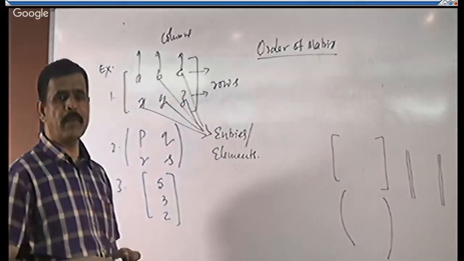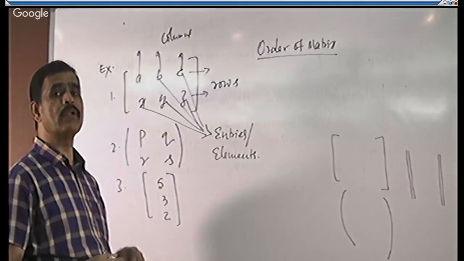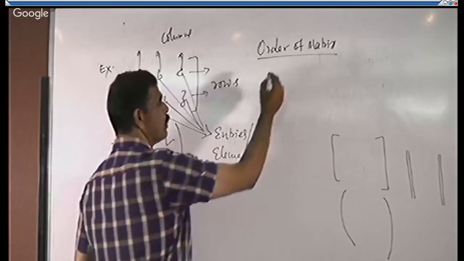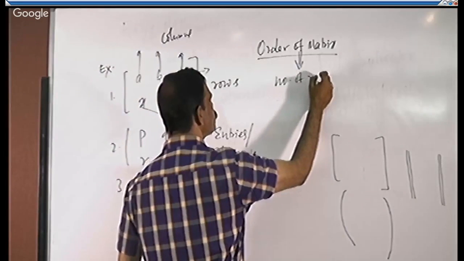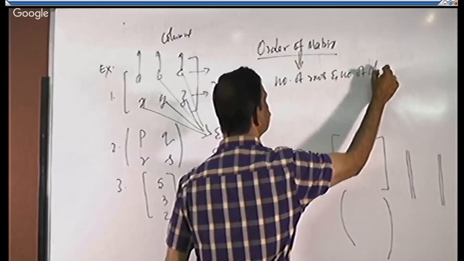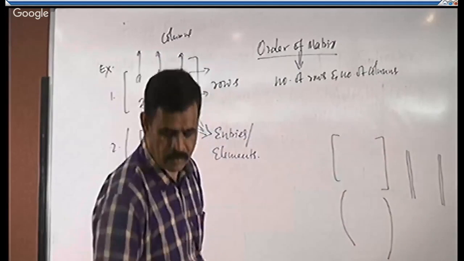The order of a matrix indicates in a given matrix how many rows are there and how many columns are there. So this indicates what? Number of rows and number of columns.